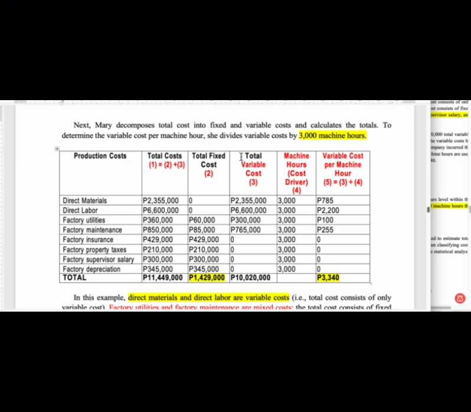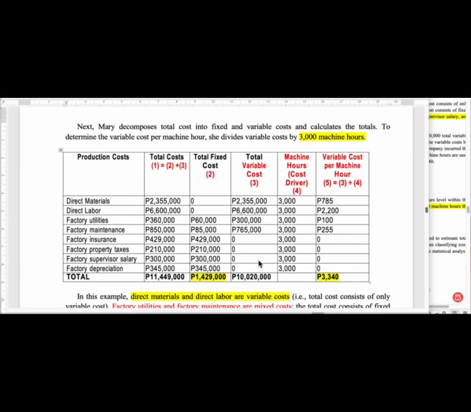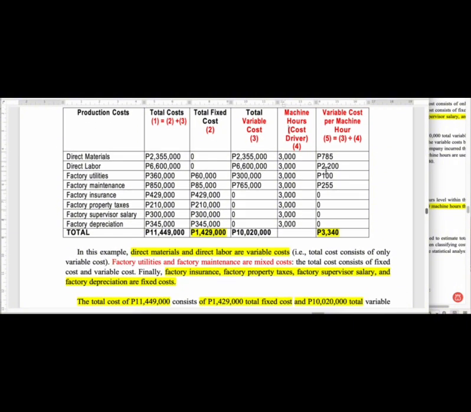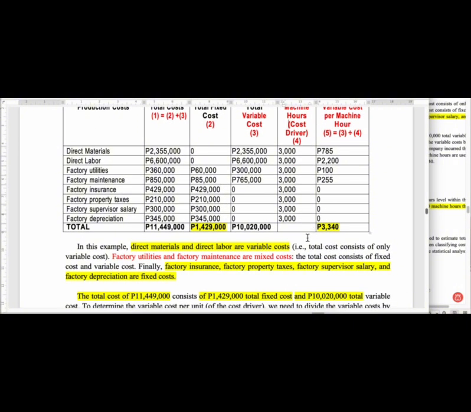Fourth, we have total variable cost. Fifth, we have machine hours, which is our cost driver. Then you will solve for the variable cost per machine hour, given the machine hours, with the totals per column.